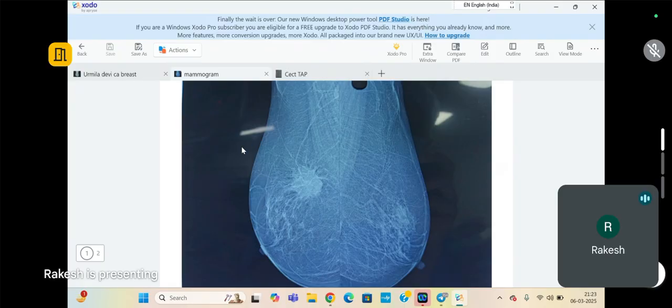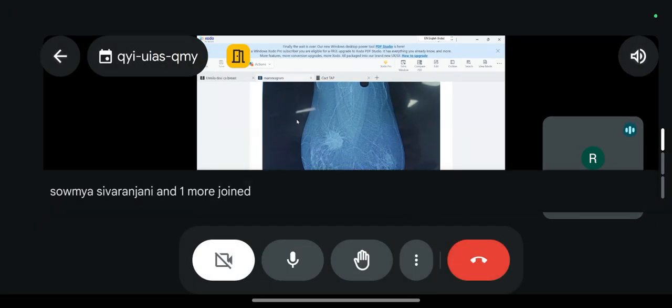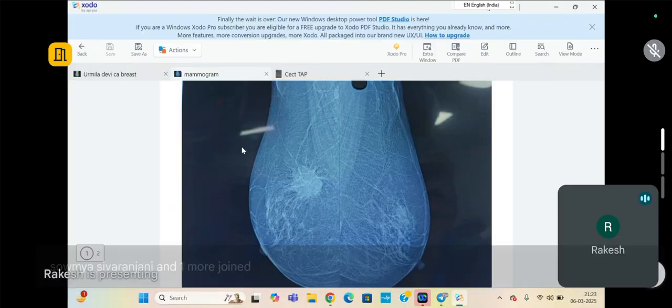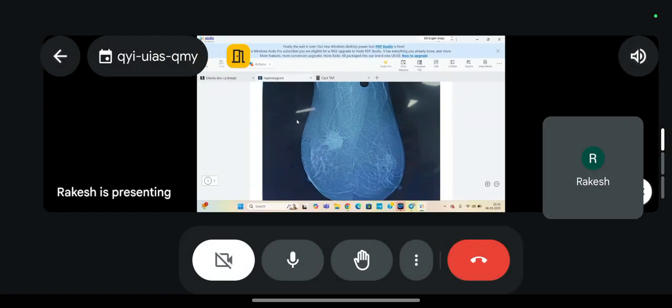So it can be an around 3 into 2 centimeter mass in the right outer breast. No, I'm asking in ultrasound. Describe in ultrasound. Okay.